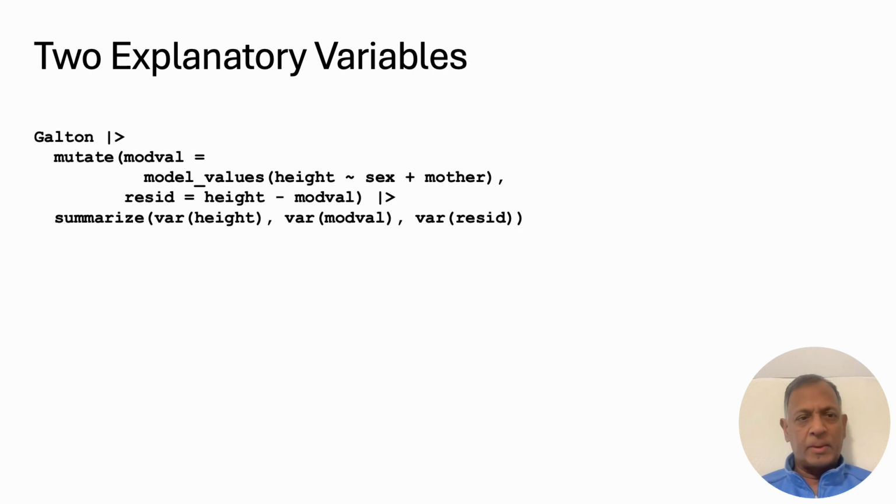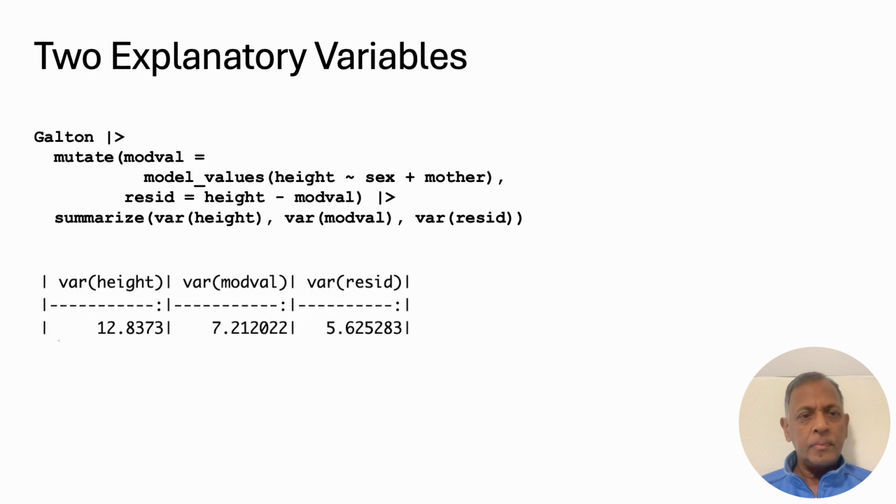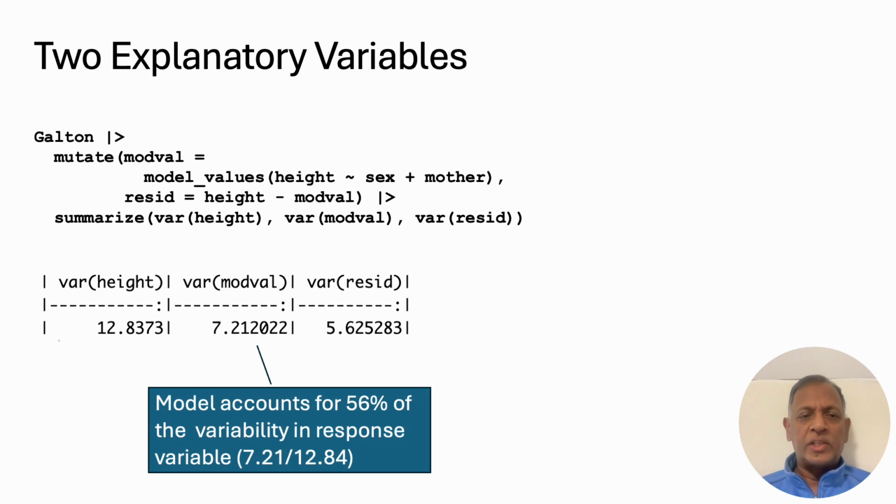Let's consider two explanatory variables this time, sex plus mother's height. Again we just say model values height tilde sex plus mother. Since sex accounted for about 50% of the variation, when we add mother it went up a little bit. Earlier it was 6 point something, now it is 7.21. So the R square is about 0.56, because 7.21 divided by 12.84 is about 0.56.